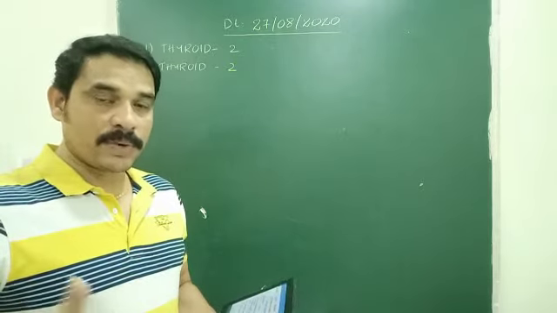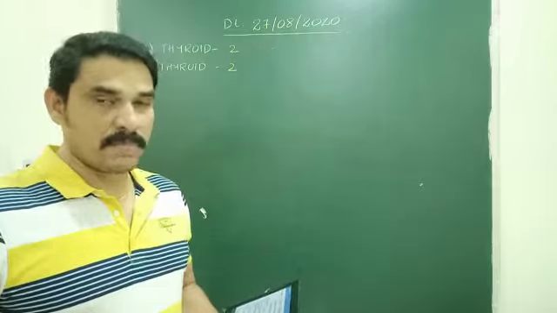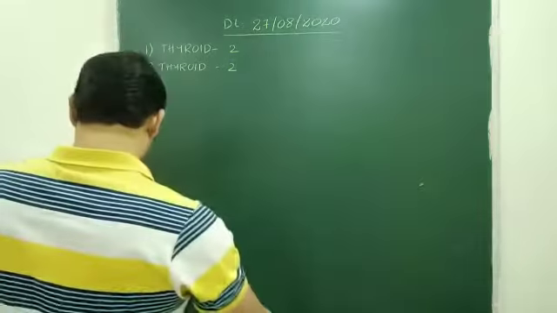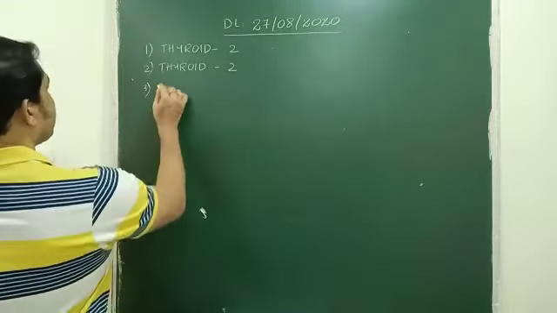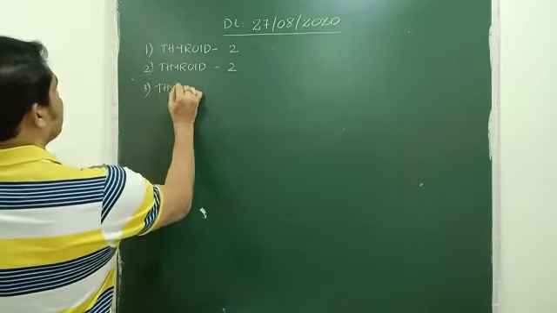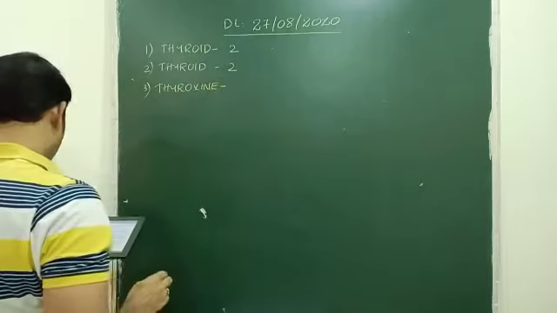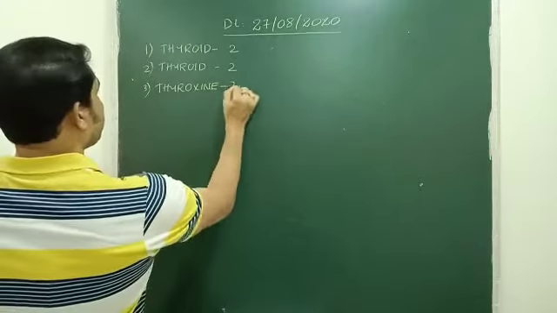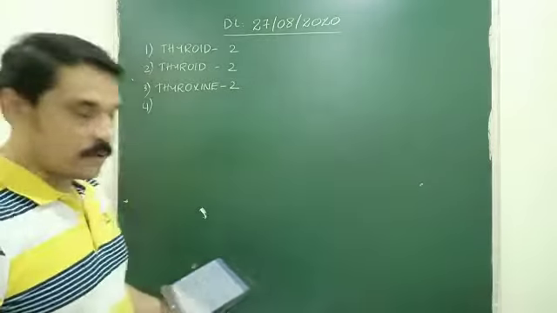Low intellectual abilities, low intelligent quotient, memory loss. So these are some of the conditions of cretinism. And cretinism is due to hyposecretion of thyroxine. So the answer is thyroxine, and this word thyroxine is given in the second option. So key is second.